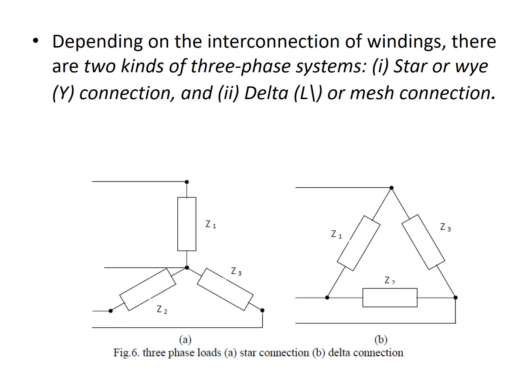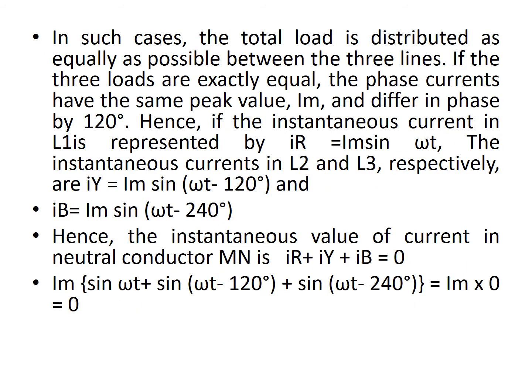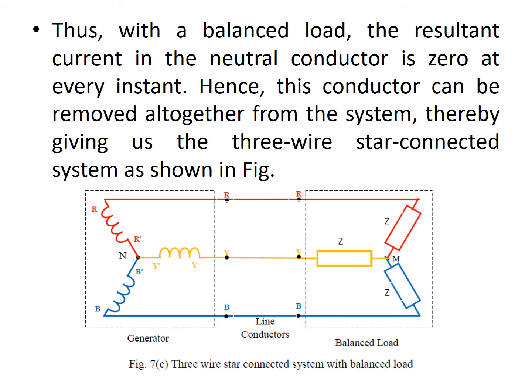Another connection is delta, where the three windings are connected in a mesh manner. Here the three sets of windings are star connected, and the loads are connected in delta connection. What is the relationship between the voltage and current? In a three-phase circuit, there are two types of voltages available: one is line voltage, another is phase voltage.